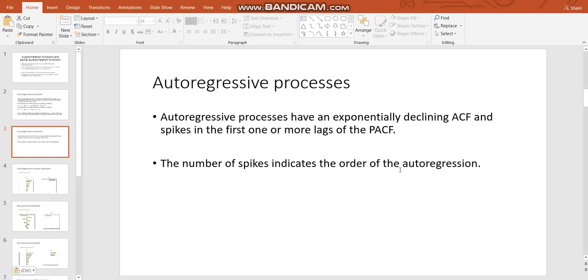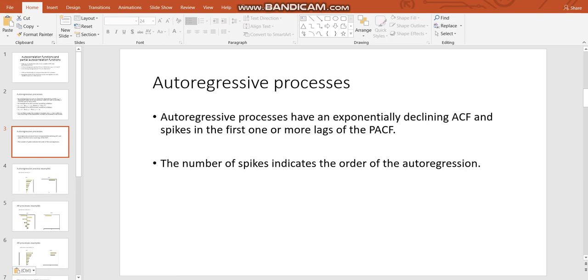And it should be noted that the number of spikes in the PACF indicate the order of the autoregression. So in other words, if you've got 2 spikes in your PACF, that means you've got an AR2. If you've only got 1, then that means it's an AR1 process.